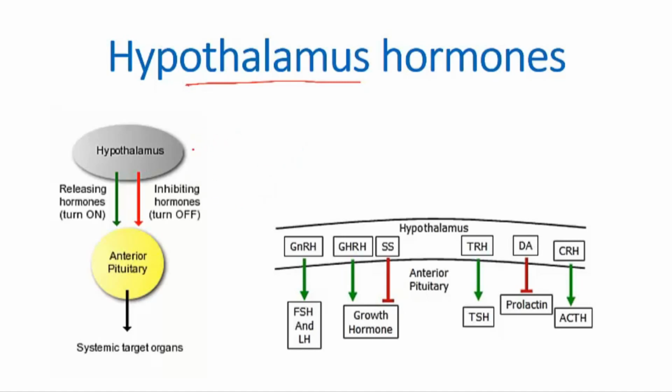Actually, it's known as the paraventricular and supraoptic nuclei that are a part of this hypothalamus. Both the paraventricular and supraoptic nuclei secrete hormones into the posterior pituitary, and they actually release and control the release of the hormones from the pituitary.